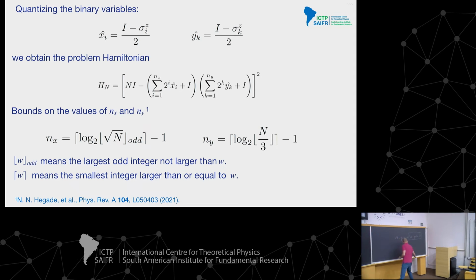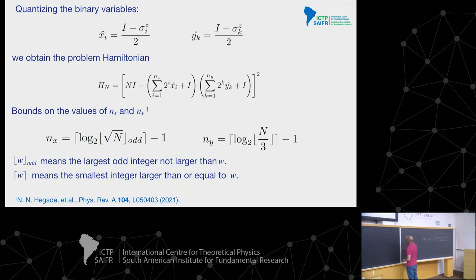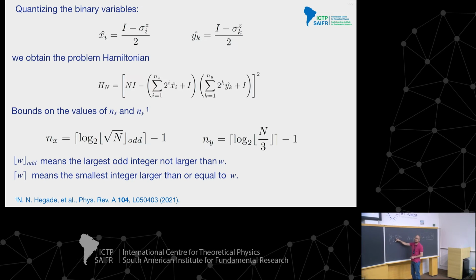Let's see if you are understanding. Observe that when you have identity minus sigma z over 2, if you apply this operator on the computational state 0, what do you get here?